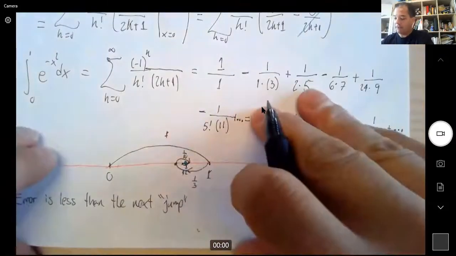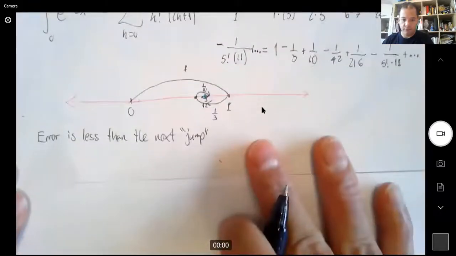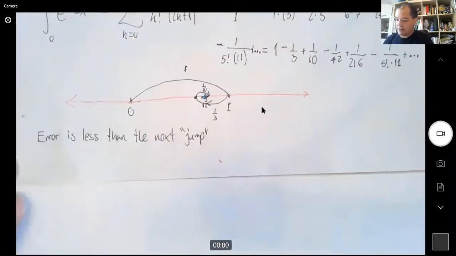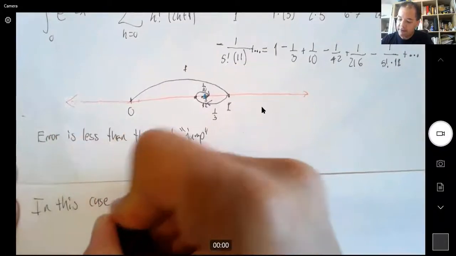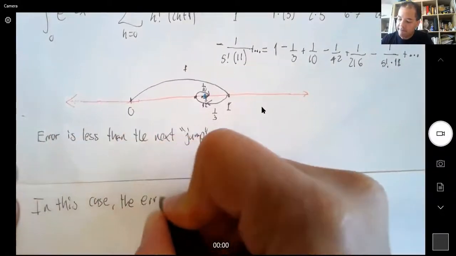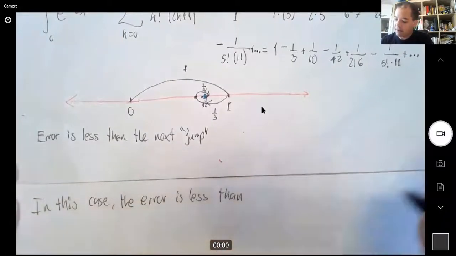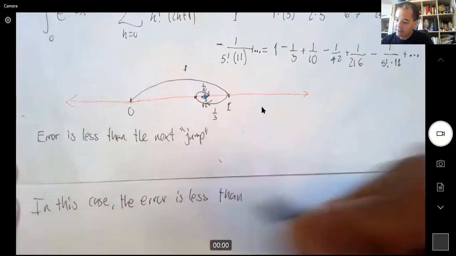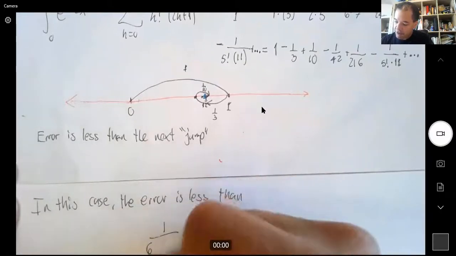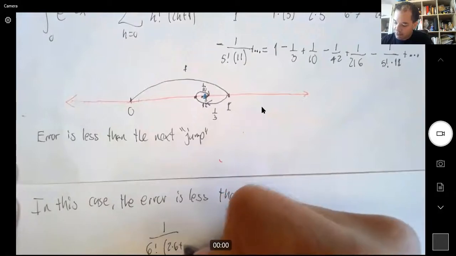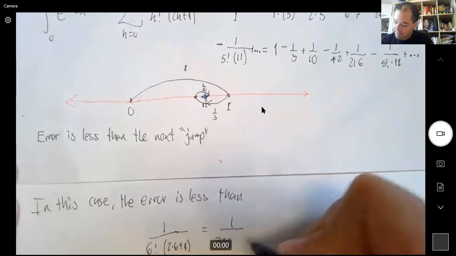So in this case, the error is less than, what is the 6th jump? The 6th jump is 1 over 6 factorial times 2 times 6 plus 1. And 6 factorial is 720.